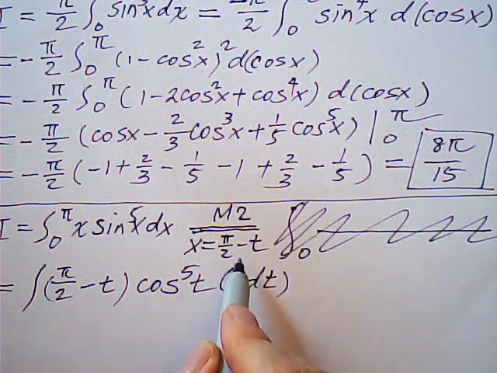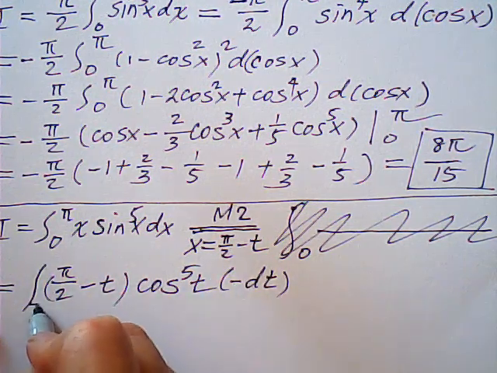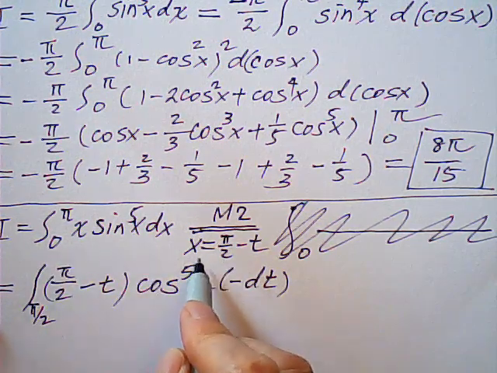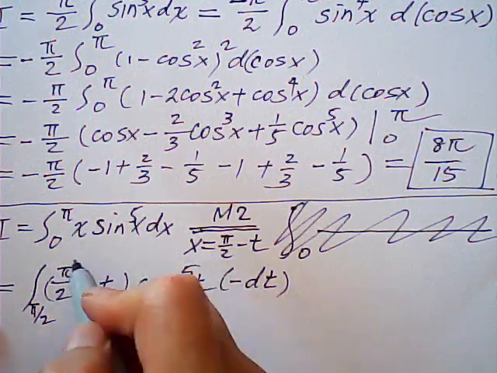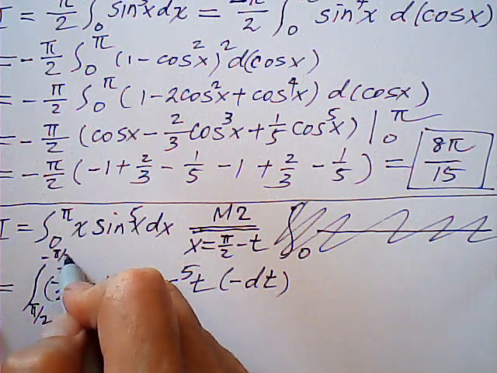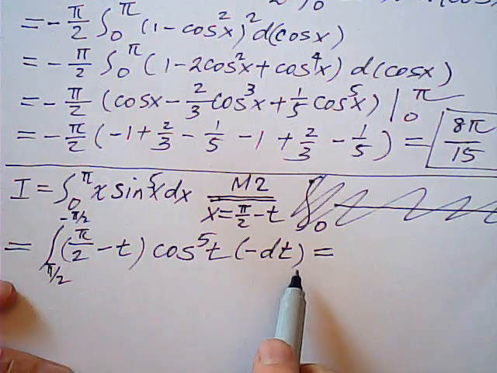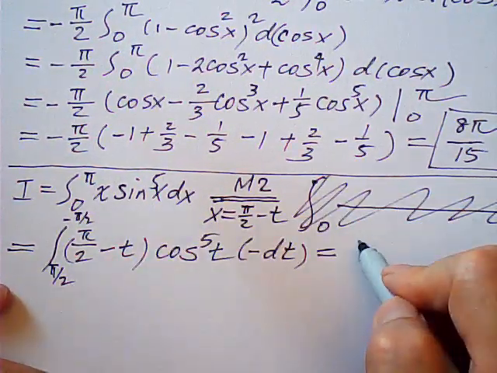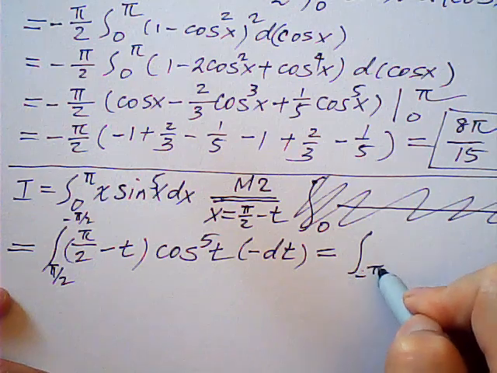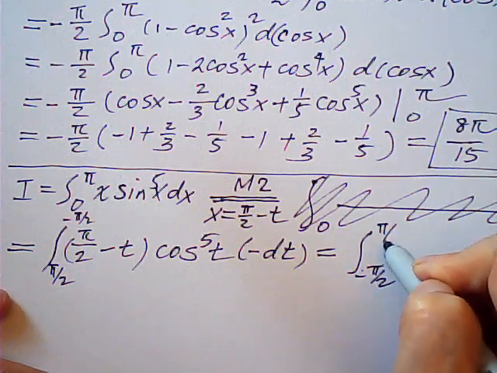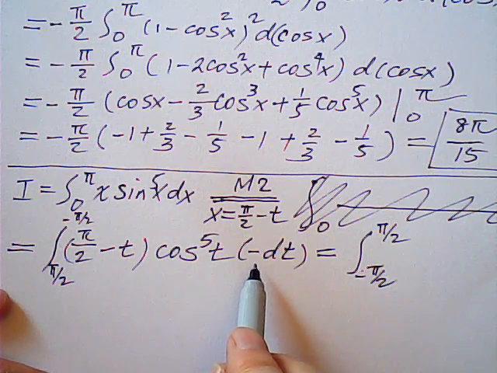And this will be 0 to half pi. When x equals pi, this is negative half pi. So I use this negative to switch that interval from minus half pi to positive half pi. So the negative is gone.